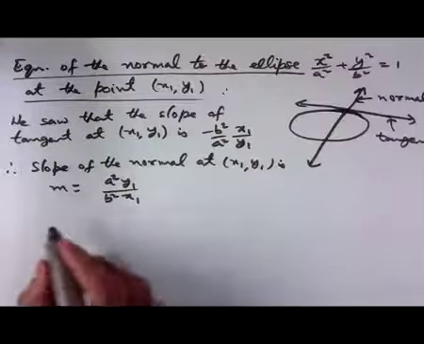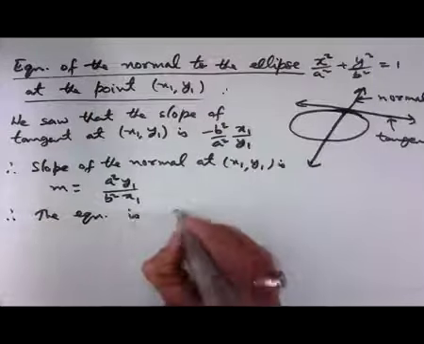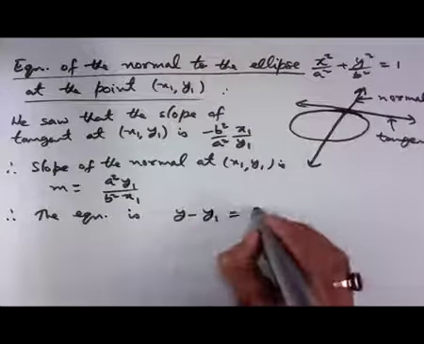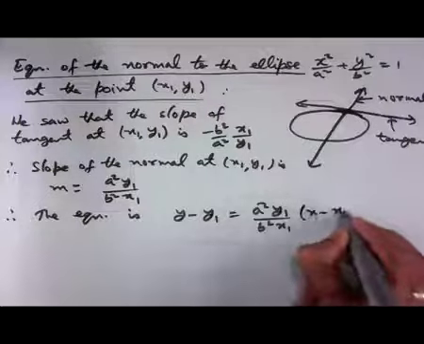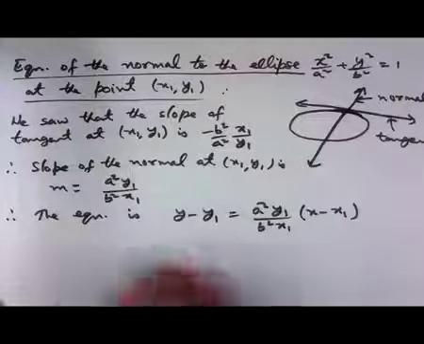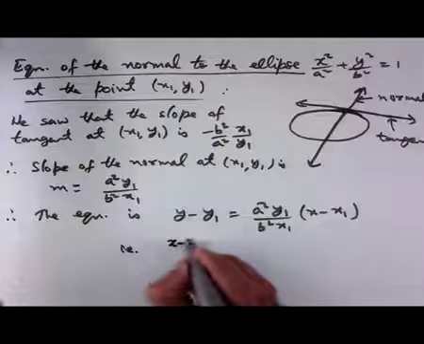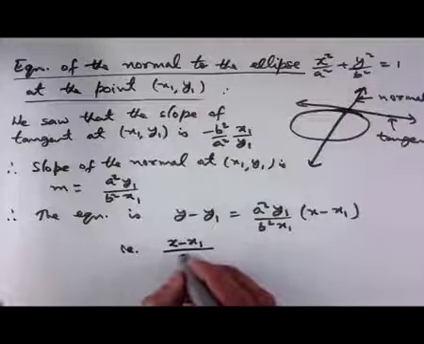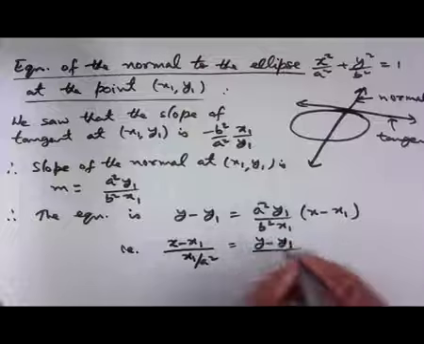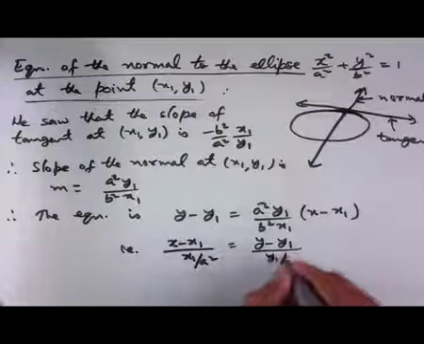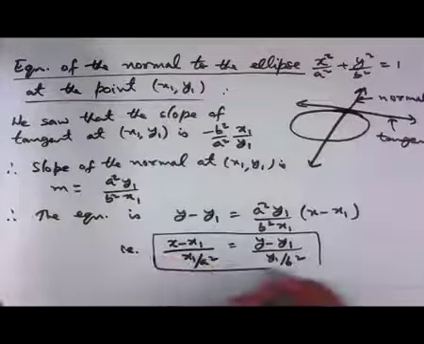Once we know the slope, we can write down the equation. Therefore, the equation is y minus y1 is equal to m times x minus x1, which we will write in this form, that is x minus x1 divided by x1 by a square equal to y minus y1 by y1 by b square. This is the equation of the normal line.